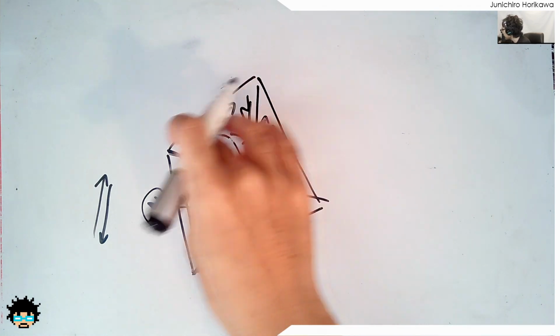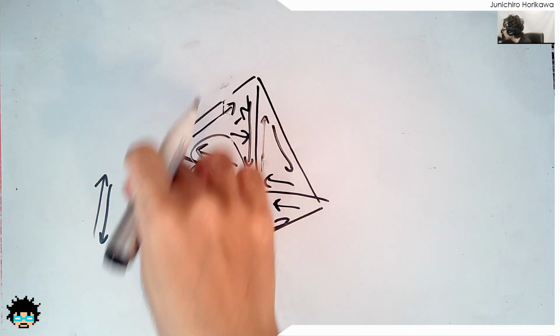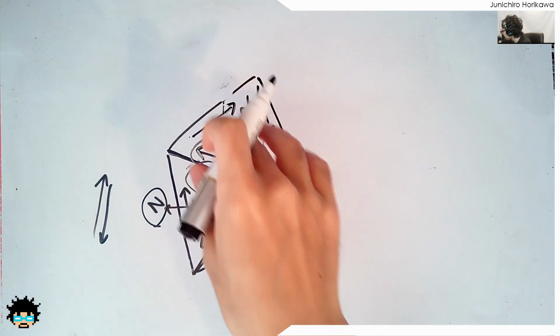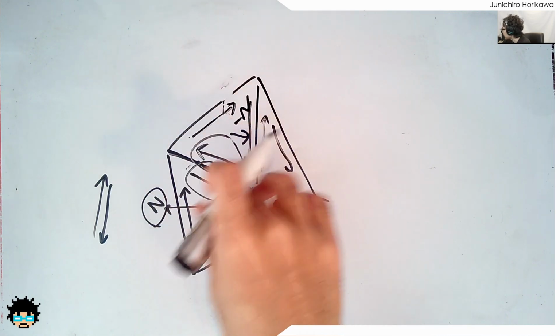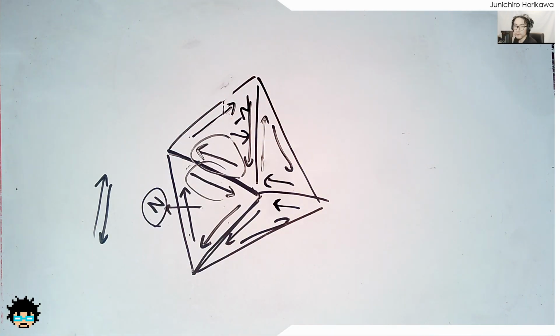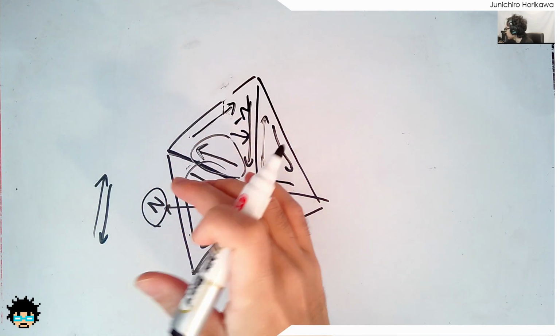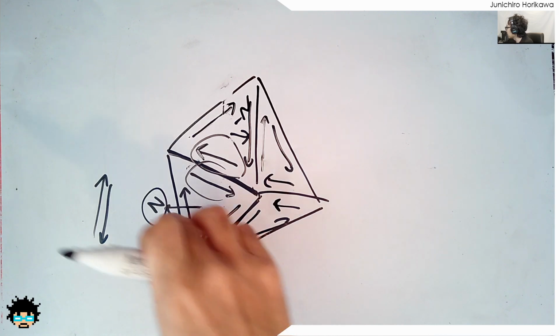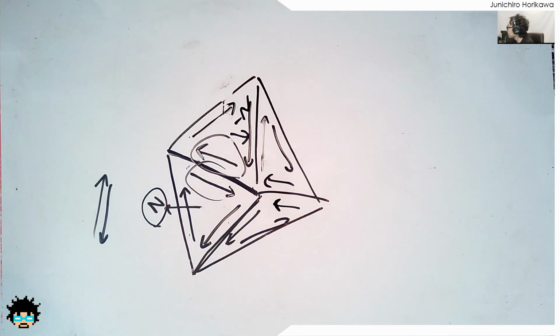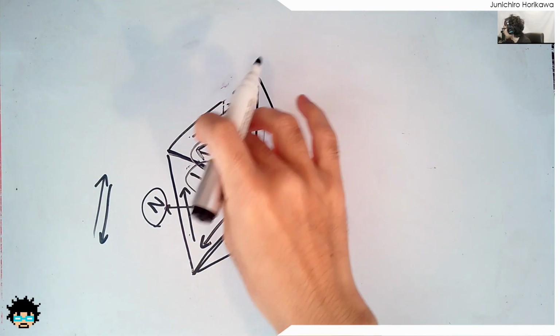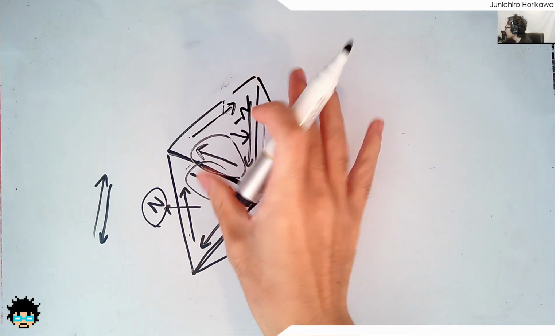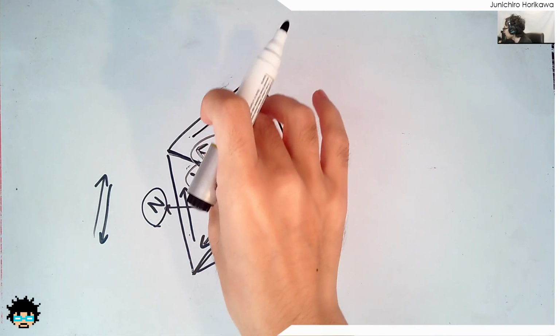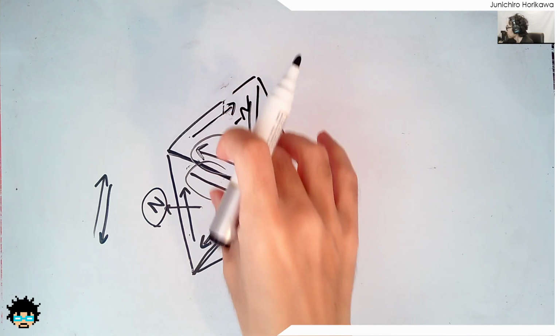In this case, the order of the edges will be counterclockwise. But most of the time when you're dealing with meshes, the neighboring faces should have a similar normal direction. So this kind of situation doesn't happen that much, but in some cases it would happen as well.